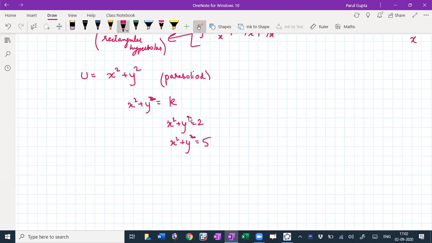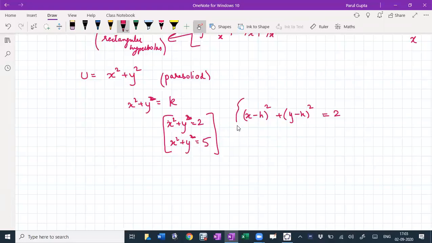In this case, actually, it will not really help to rewrite it. But if you look closely at this equation itself, it is of the form x minus h whole square plus y minus k whole square equal to 2. And this is x minus h whole square plus y minus k whole square equal to 5.